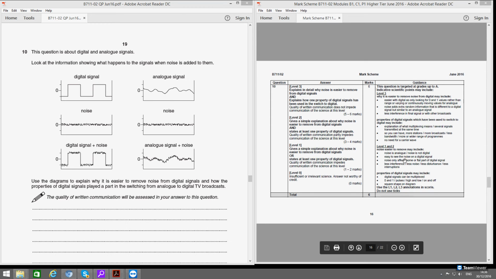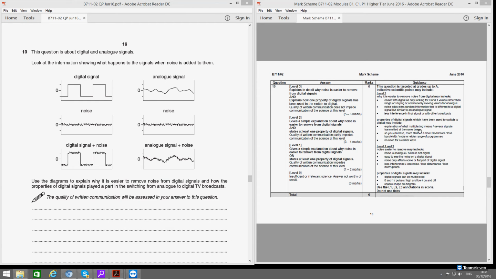Now, the second part of the question, let's have a look over here. Think about it. This is deeper knowledge than what is available really in this picture. Remember, digital signals can be multiplexed.